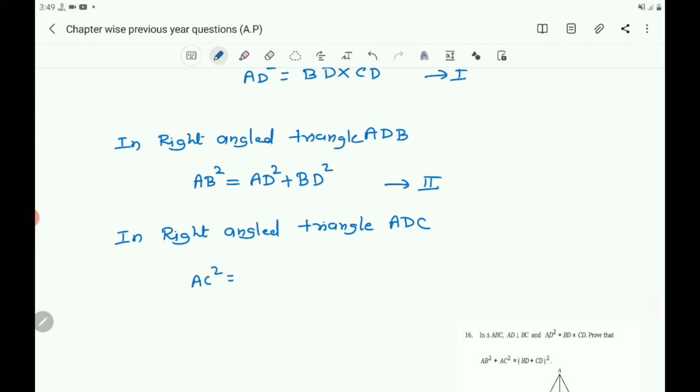AC square equals AD square plus CD square. Then this is third one.